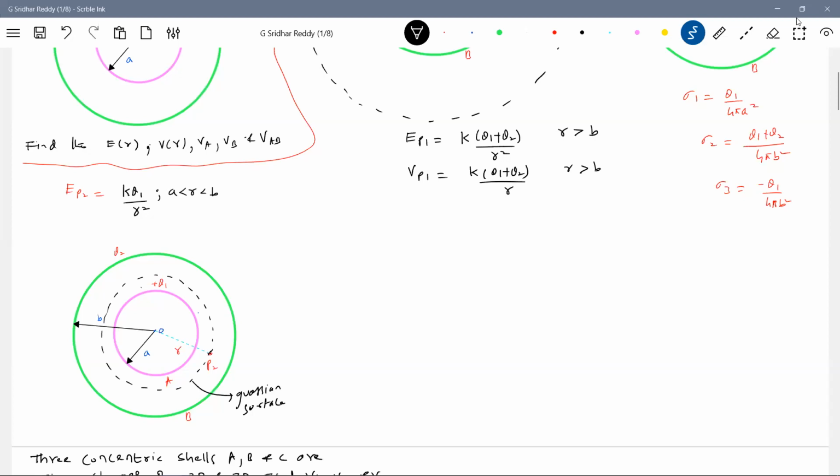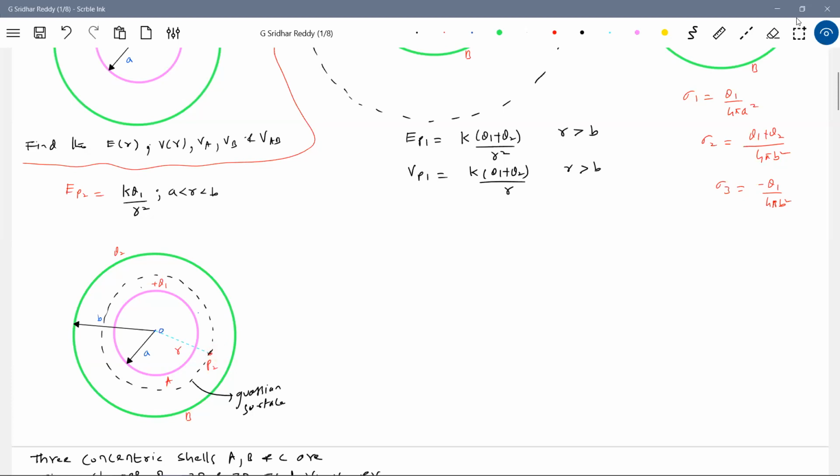What about the potential? Potential is due to superposition of the charge on all surfaces. When it comes to electric field, only the charge enclosed by the Gaussian surface will contribute to the net field at point P2 on the Gaussian surface. When it comes to potential, it is due to superposition of the charge on all surfaces.